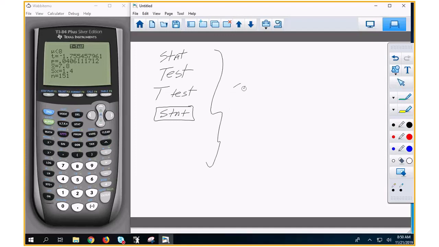We get negative 1.755, and we got a p-value of 0.04. Well, 0.04 is what than a nickel? So the p-value is low, so the null must what? So reject the null hypothesis.